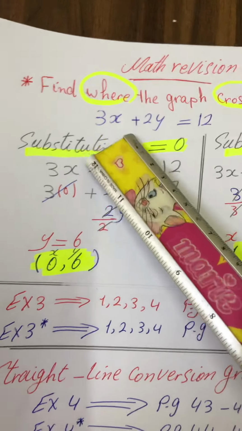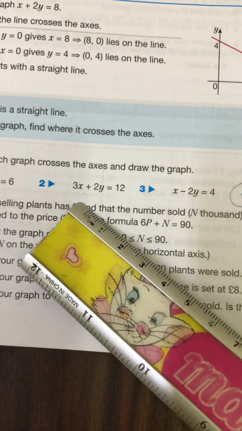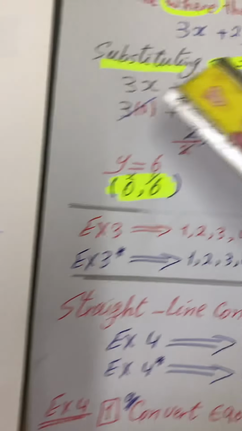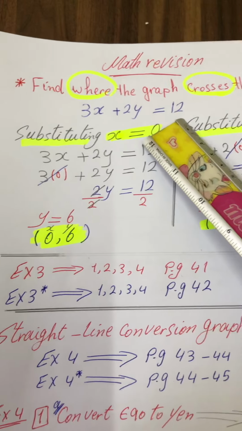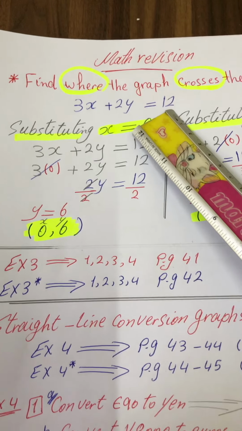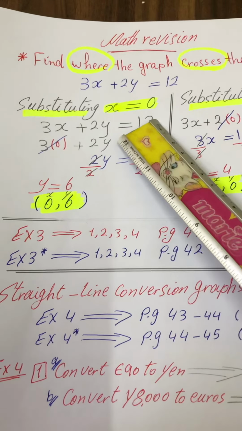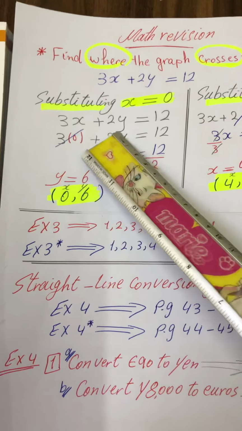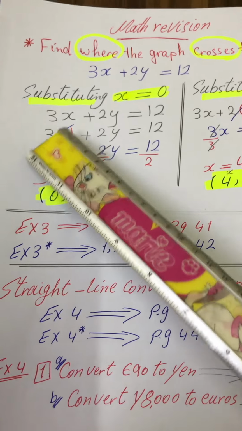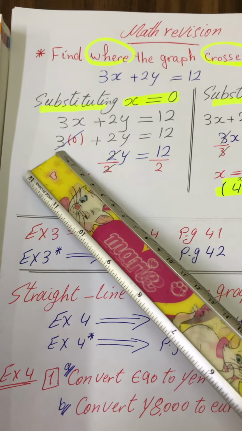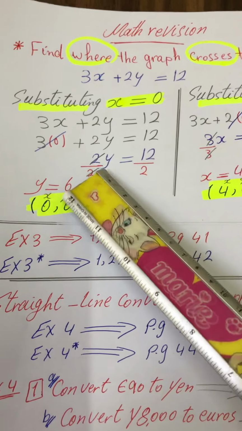In the beginning, I choose one problem, question number 2 from exercise 3. This graph is 3x plus 2y equals 12. To find where this graph crosses the axis, I will substitute x equals 0. Remove x and put 0 instead, so all this part is cancelled because it will give me 0. 2y equals 12.